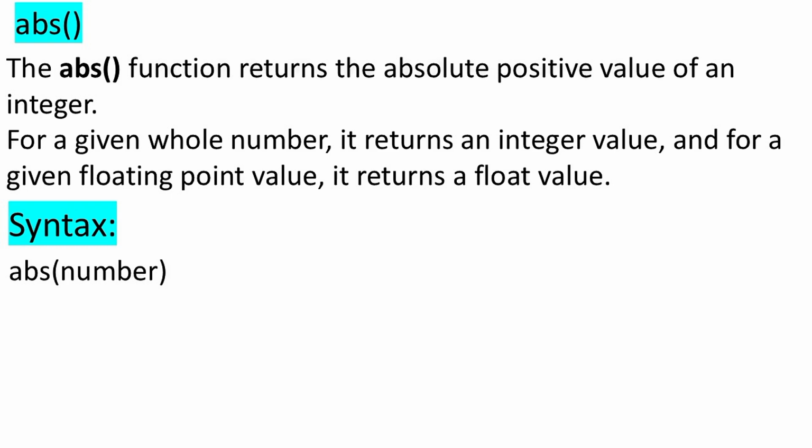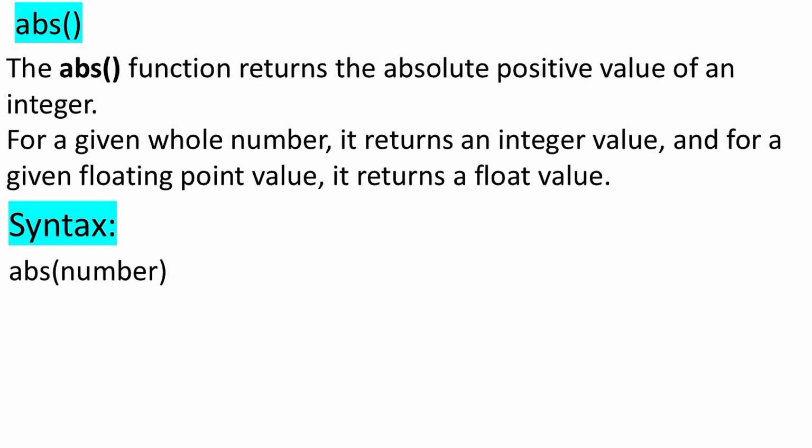For example, if we pass -10 into the abs function, the result will be 10. Similarly, if we pass -5, it will still return 5 because it only focuses on the magnitude of the number, not its sign. In short, abs removes the negative sign and converts any number into its absolute positive form.